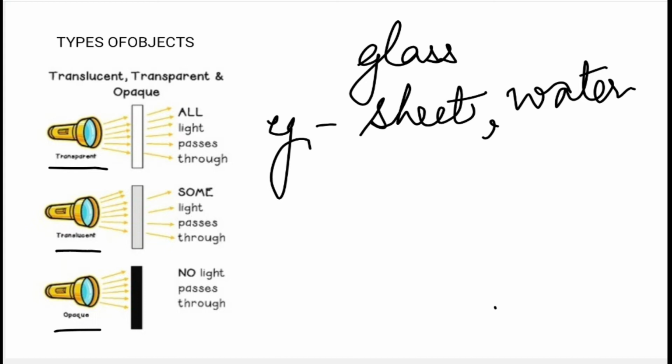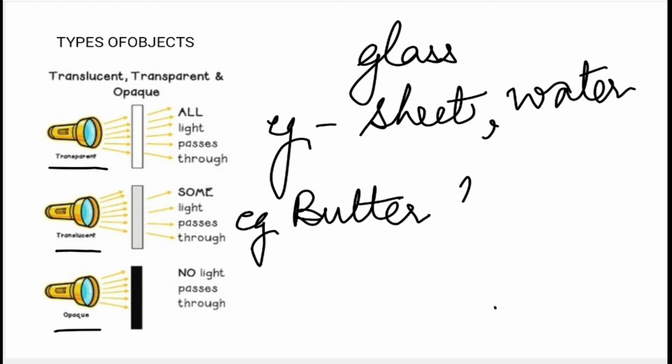So transparent objects are those materials that allow light to pass through them almost completely. Next we have translucent. Translucent means objects or materials, for instance butter paper or tracing paper, that allow light to pass through them partially.